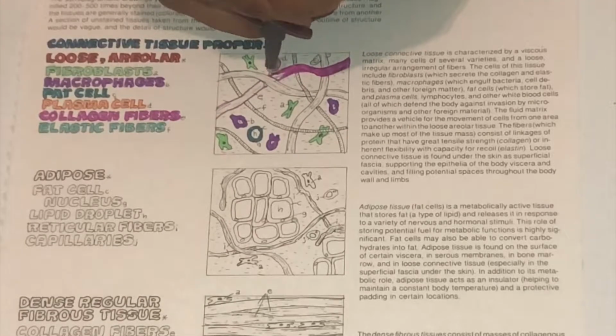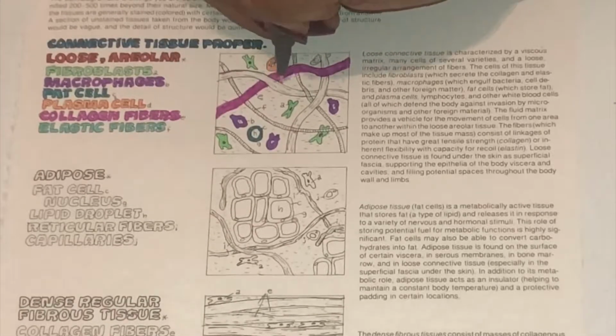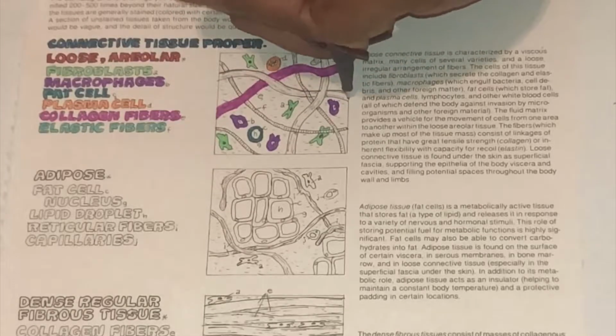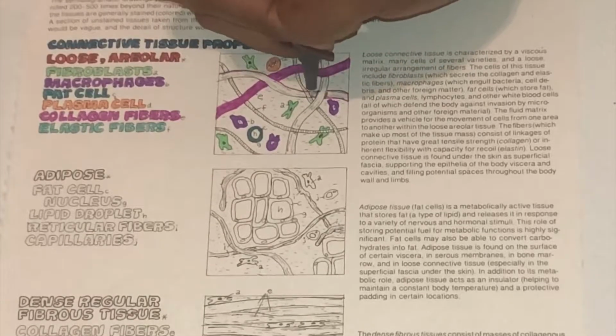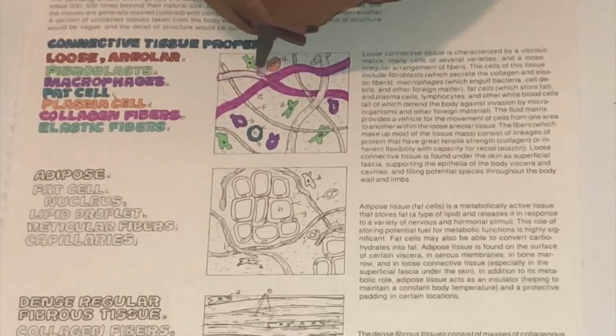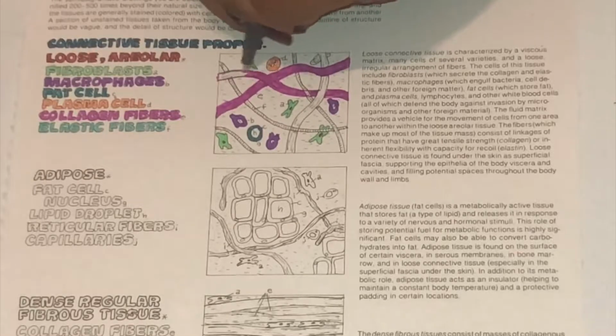So loose connective tissue is characterized by a viscous matrix, many cells of several varieties, and a loose irregular arrangement of fibers.